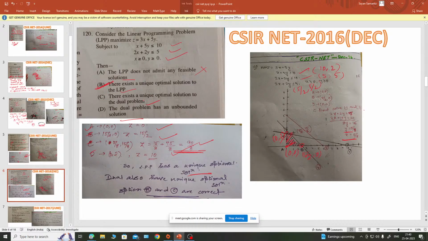This is our correct statement. There exists a unique optimal solution to the dual problem. Obviously, if an optimal solution exists for the primal problem, then the dual problem also has a solution. So here the primal problem has an optimal solution, so the dual problem solution also exists. So option C is also correct.